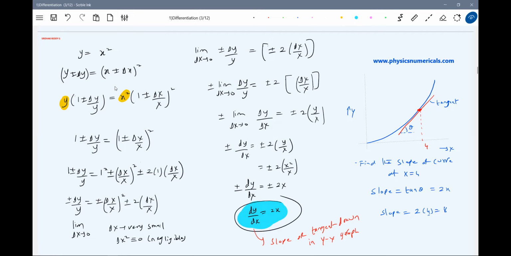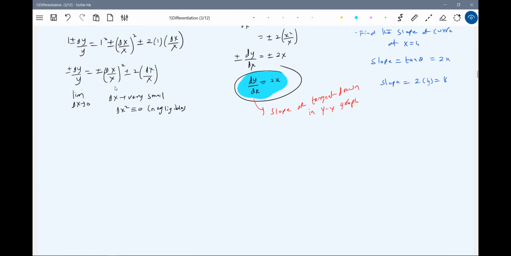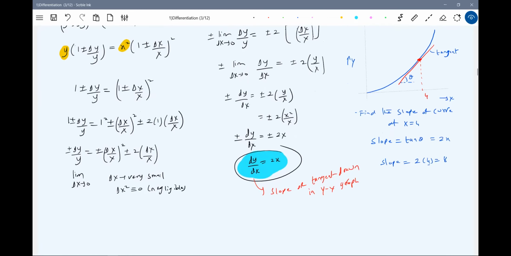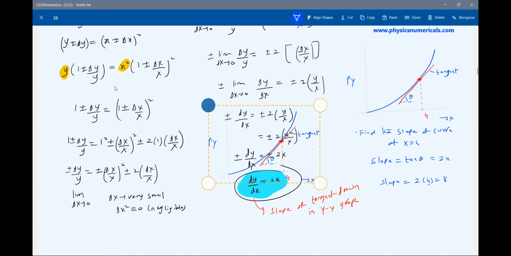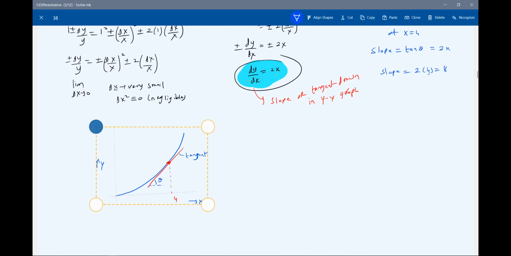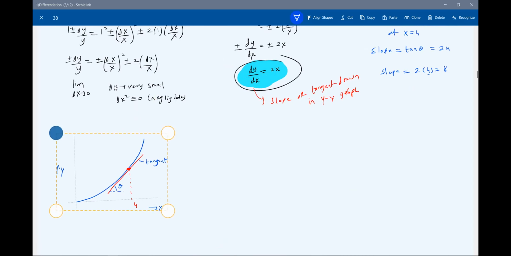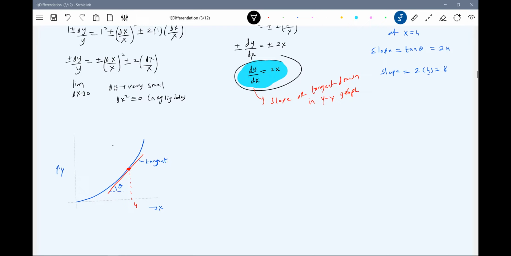You mean to say a slope versus x. Let me compare both the curves. Okay, this was the curve for y equal to x square. Can we plot the slope versus x? How it will be? I think it should be a straight line passing through origin.